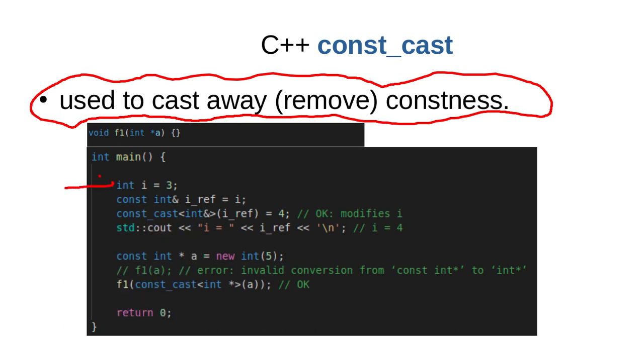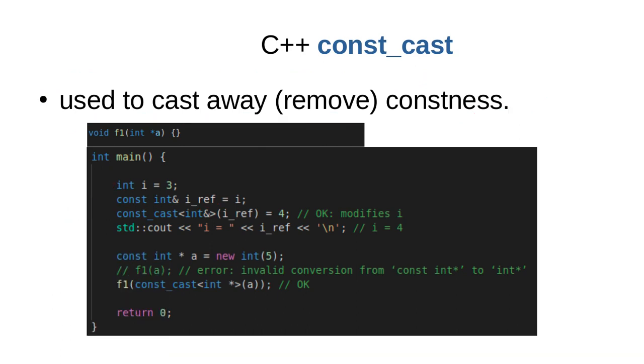I have variable I, and this is a constant reference to I, and I want to change the value through this reference, but I can't because it's constant. This is why I do const_cast int reference.